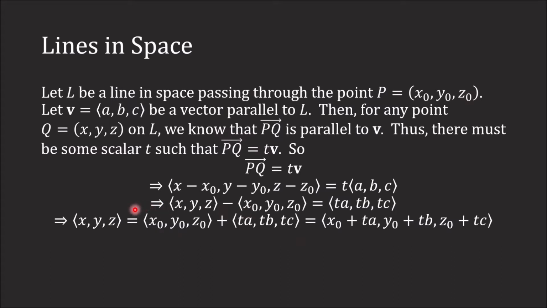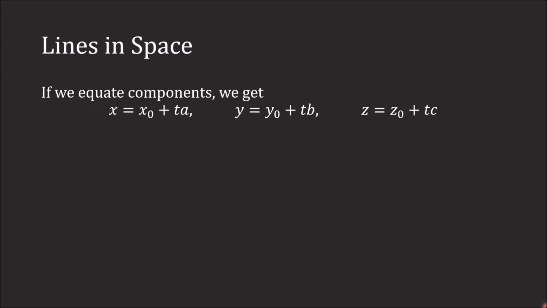Then using vector addition, that becomes x0 plus ta, y0 plus tb, and z0 plus tc. So equating components, we get x is equal to x0 plus ta, y is equal to y0 plus tb, z is equal to z0 plus tc.